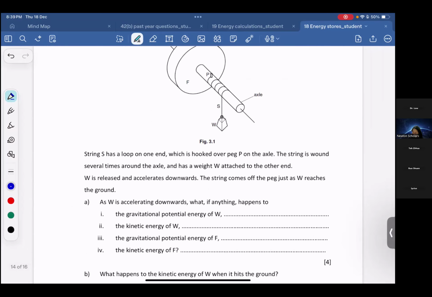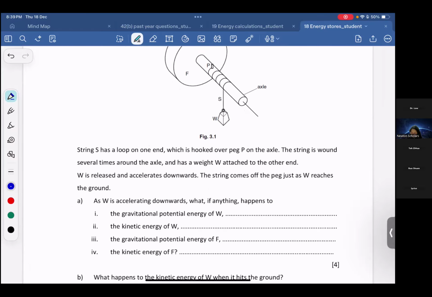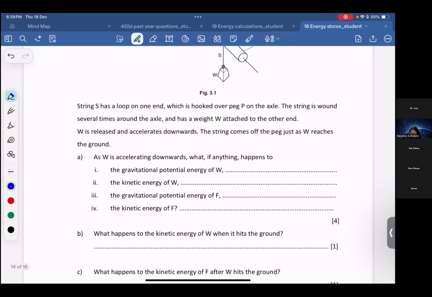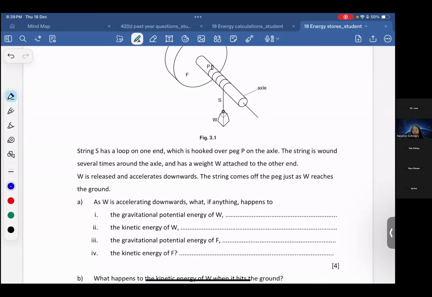Read this question and do question A. Let me check Zihua's answer.